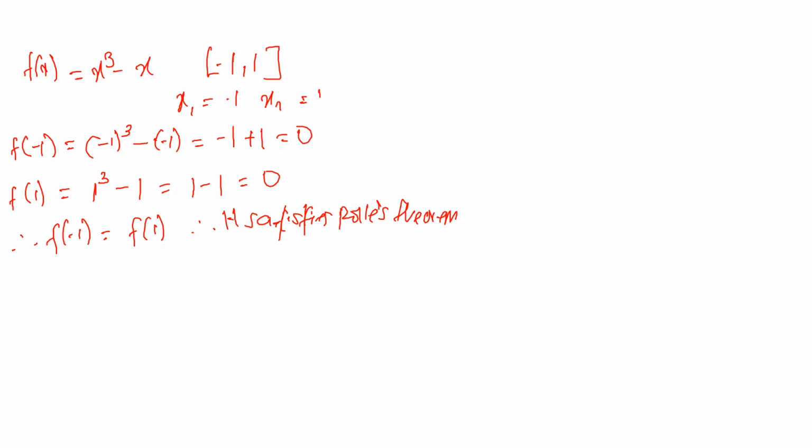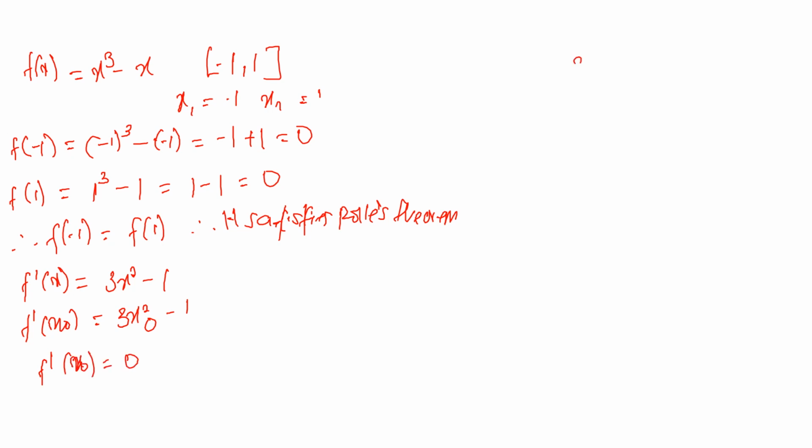So you can go further to say that f prime of x, that is, you differentiate f of x, which is x cubed minus x. Differentiating x cubed minus x, you have 3x squared minus 1. Then f prime of x0 is equal to 3x0 squared minus 1. Therefore, you can say f prime of x0 is equal to 0.